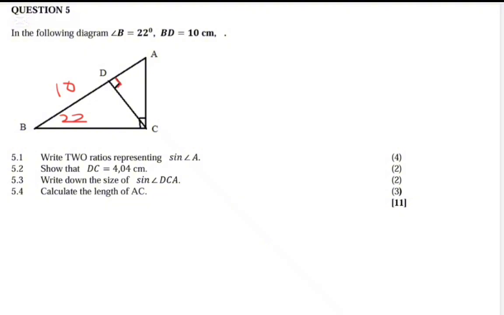Since here is 90 degrees, it means even here is also 90 degrees. So I'm going to say first, we need to detail this. Angle BDC is equal to 90 degrees. The reason is the sum of angles on a straight line.